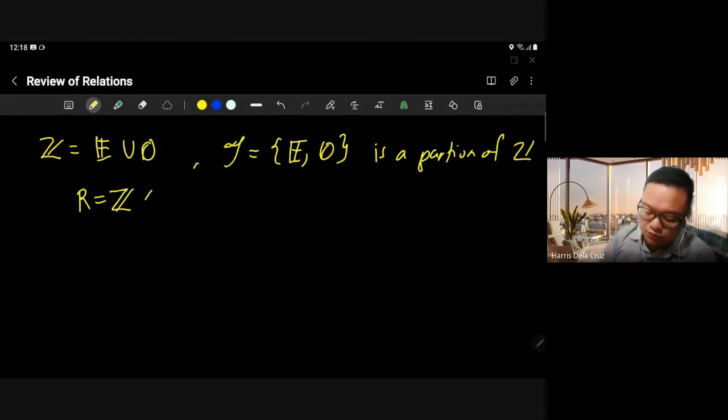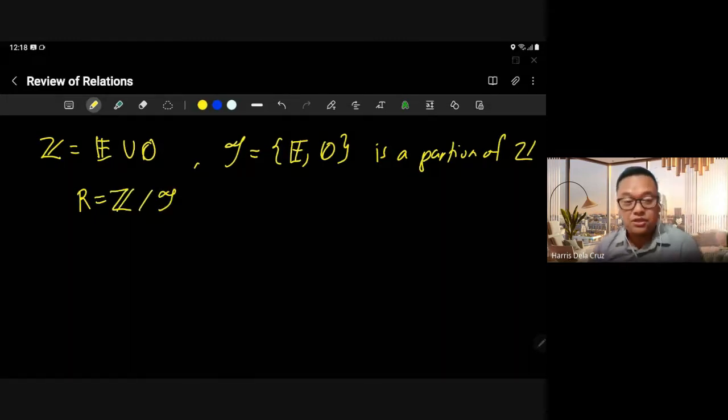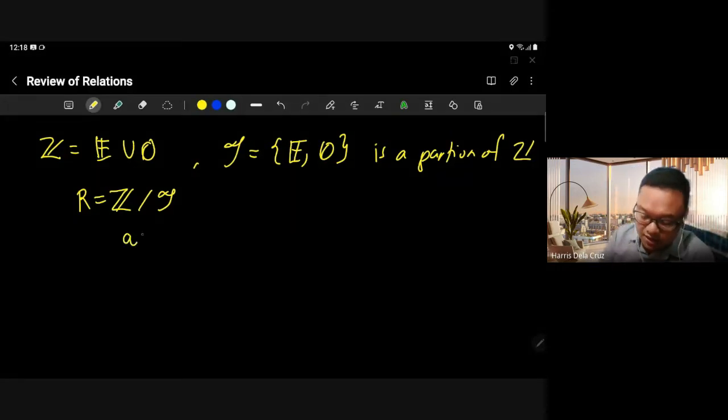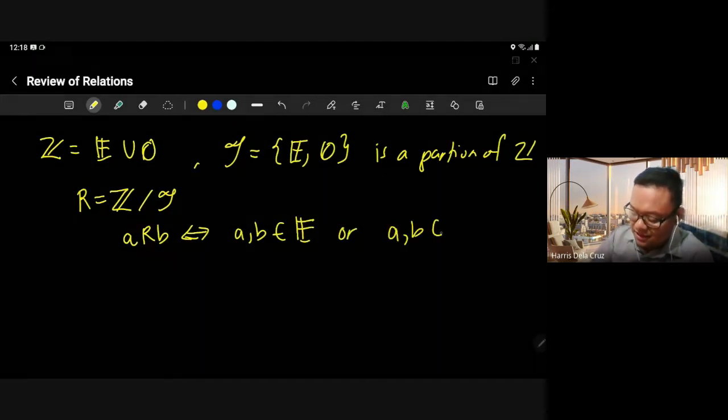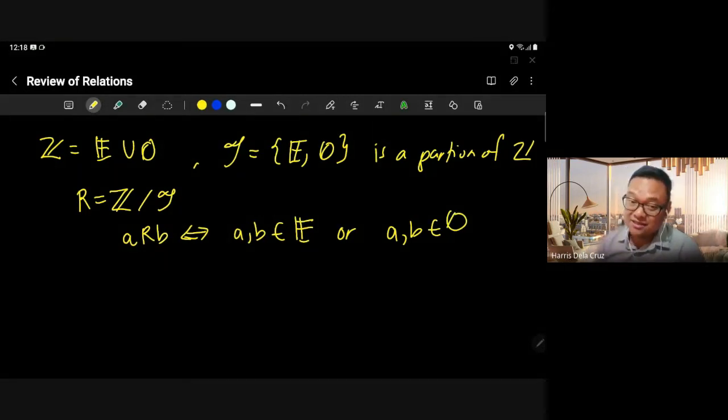So Z over T. So ano definition ng induced relation na to? Pag meron kang A related kay B, that would mean that either AB is in the set E or AB is in the set O. Kasi ang definition ng induced relation, there must exist a set in the partition such that the X and Y, or in this case A and B, belong to the same set.